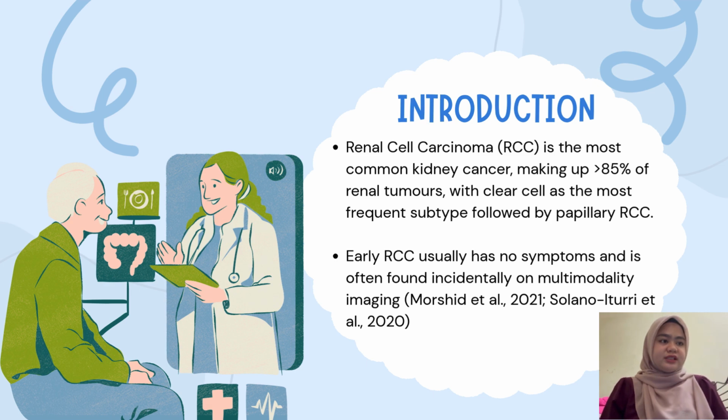One important clinical feature of RCC is that it is often referred to as a silent tumor because early stage RCC usually does not produce noticeable symptoms. Due to this, many cases are detected incidentally during imaging examination performed for unrelated reasons, such as abdominal pain or routine health screening.